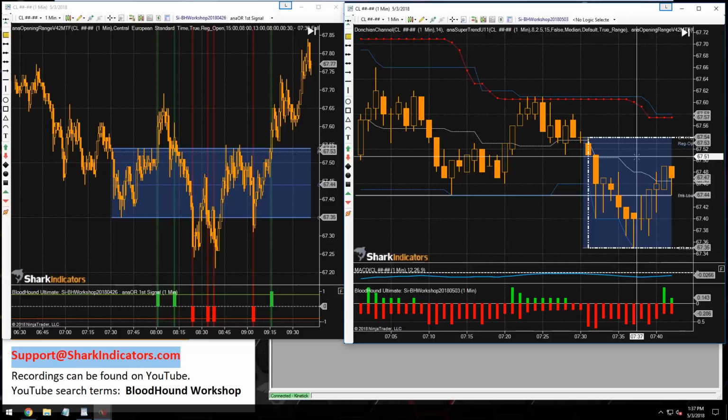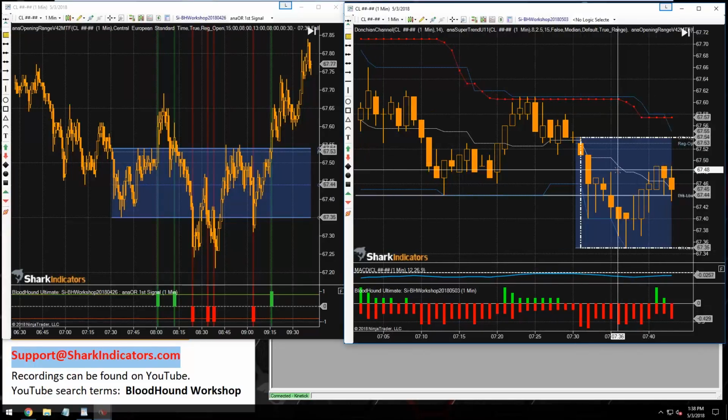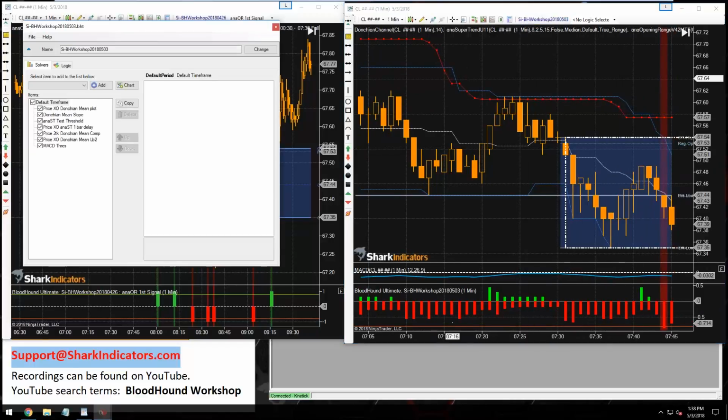So BloodHound doesn't know when the range is done. BloodHound just says, oh, I'm getting an upper range plot and a lower range plot from this indicator. Great. And you know what? Ignore what BloodHound's doing for now.